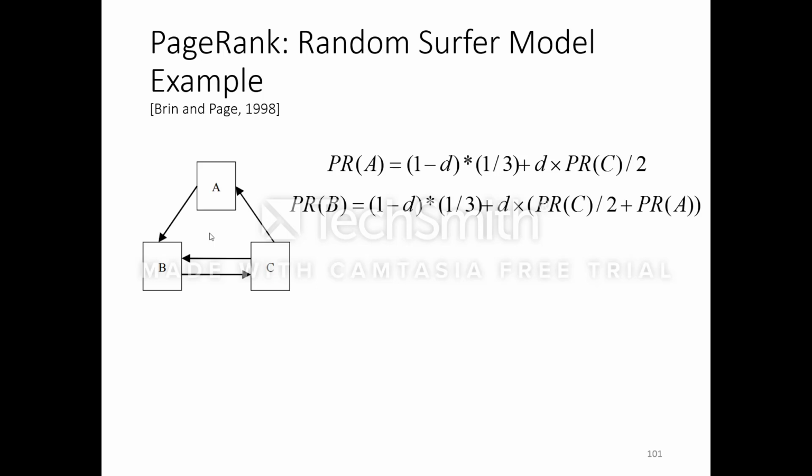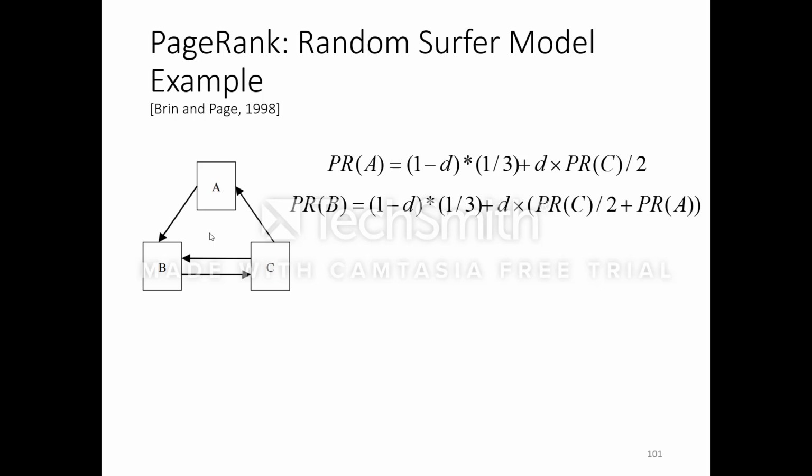And then you can reach B from A, right, or from C. And from A there is only one outlink. So in all cases where you decide to follow an outlink from A, you will reach B. So that is D times page rank of A. And if you are already at C and then you decide to follow an outlink from C, then there are 2 options.